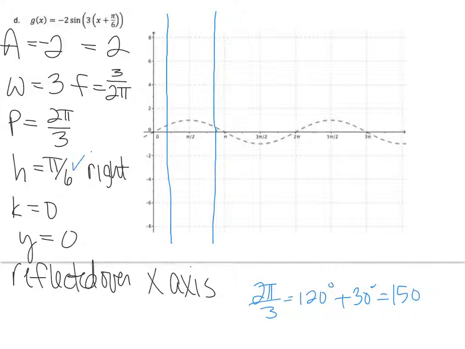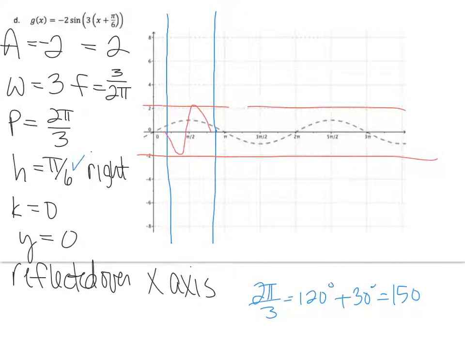We're reflected over the x-axis, so we're going to go down first. Our amplitude is 2, so about right there, and about right there. Yikes. That's awful, sorry.